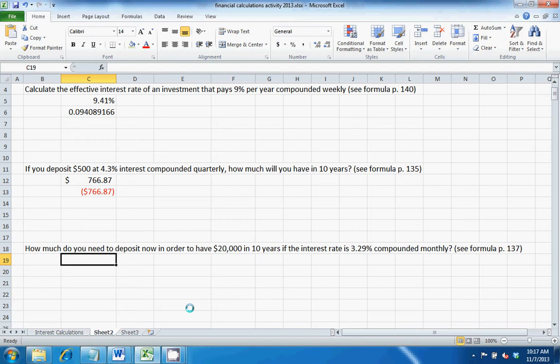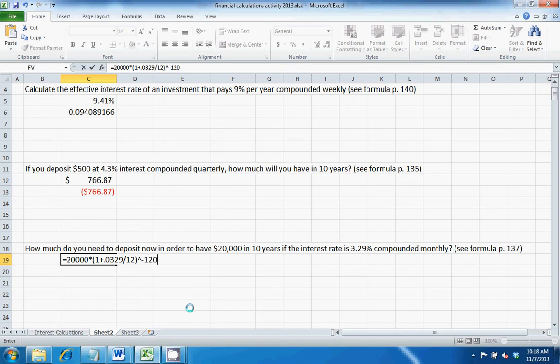And that's going to be, for this one, 20,000 times, and you do need the asterisk there before the parentheses in Excel, 1 plus 3.29% compounded 12 times a year, raised to the negative total number of periods. So that's going to be 12 per year times 10 years, so that's 120. And then we format that as a dollar amount, and we get that amount.